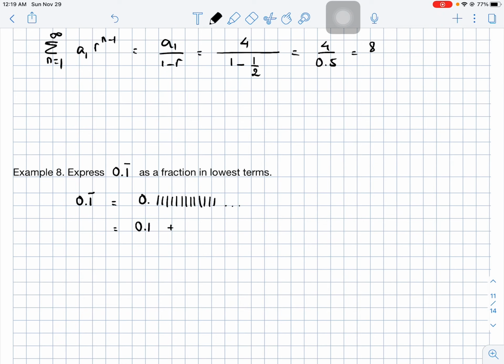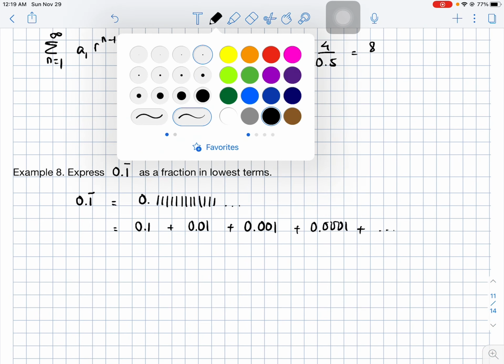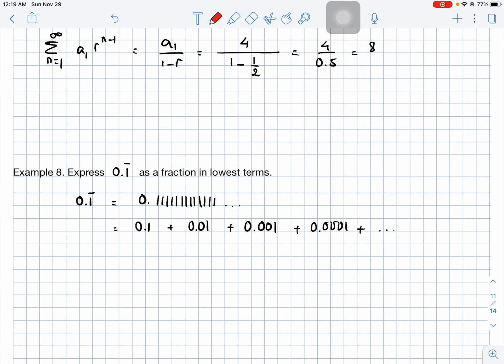This means 0.1 plus 0.01 plus 0.001 plus 0.0001 and so on. This is geometric because from one term to the other, you multiply by 0.1.